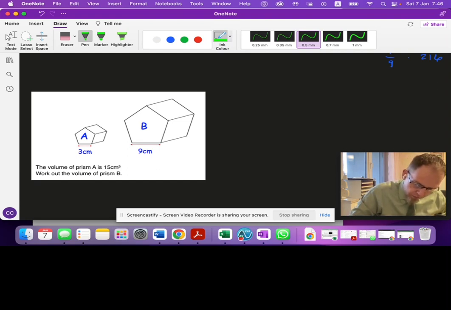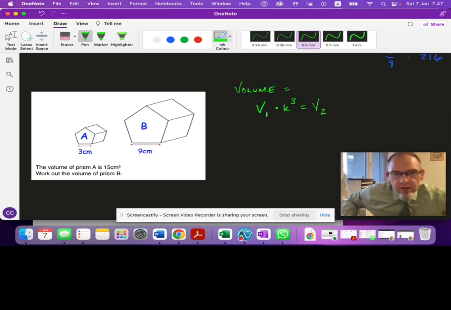So for volume, the volume of one times the k value cubed is going to equal the volume of the second. Okay?